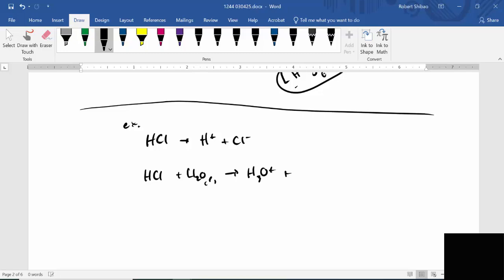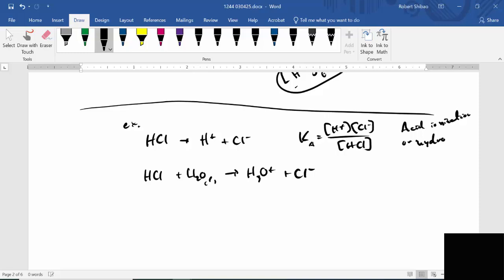Hydronium and chloride. So if we look at the K for this, the K is H plus times chloride concentration divided by the HCl concentration. And we call this Ka. This is called the acid ionization or acid hydrolysis constant.